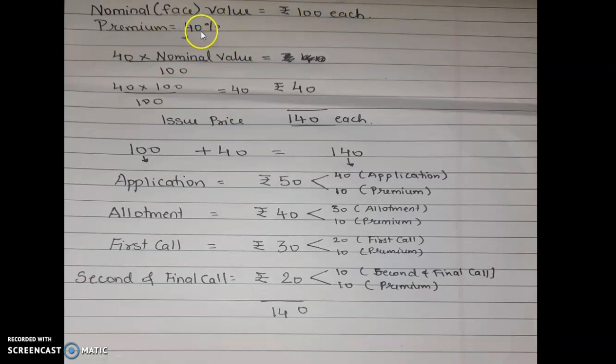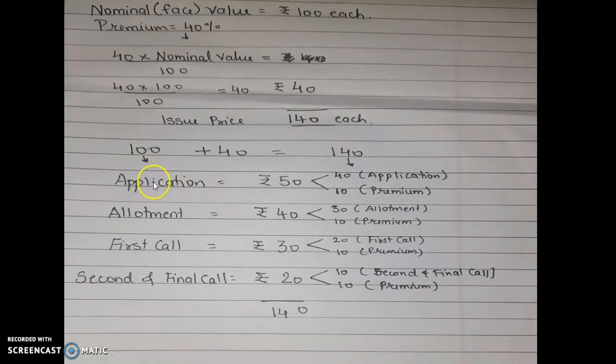So your premium is 40% of your nominal value. That means 40 rupees is the premium. So on one share, you will collect 40 rupees from your shareholders. So your total issue price is 100 plus 40, that means 140 each. So from each of your shareholders, in total you will collect 140 rupees.